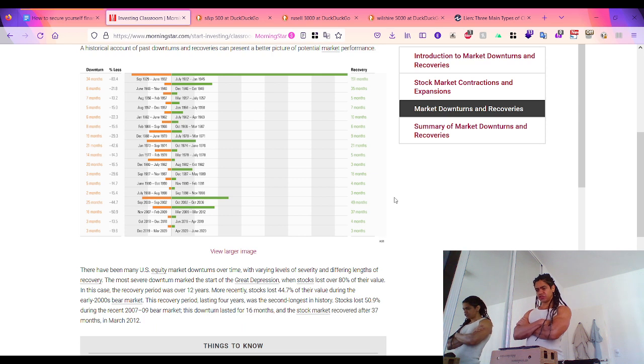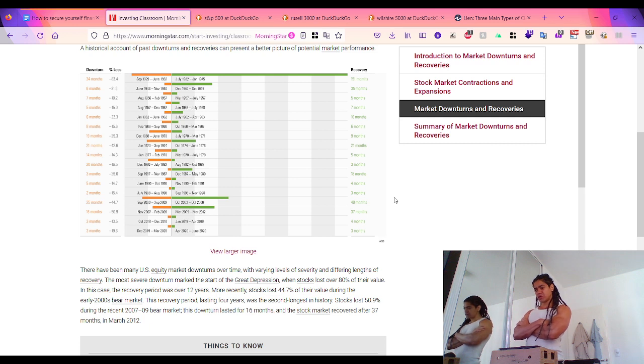More recently, stocks lost 44.7% of their value during the early 2000 bear market, or the dot-com bubble. This recovery period lasted 4 years and was the second longest in history.